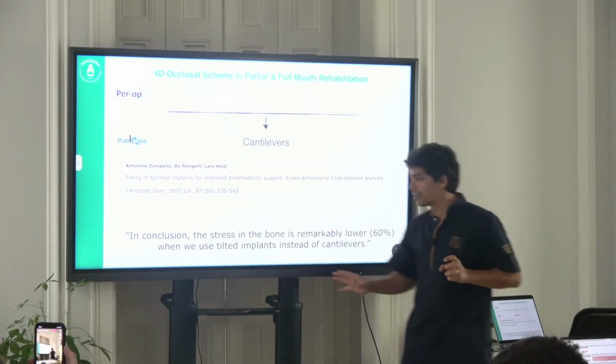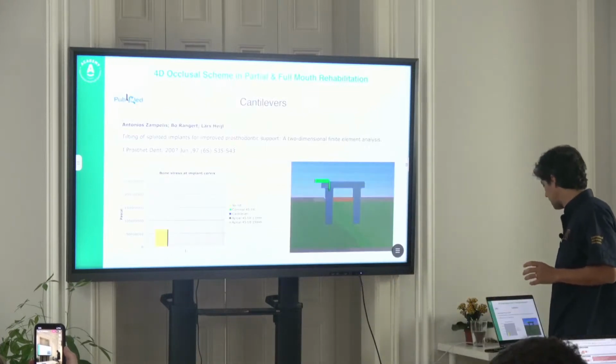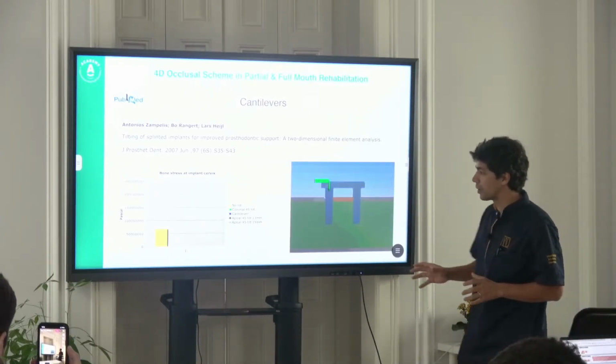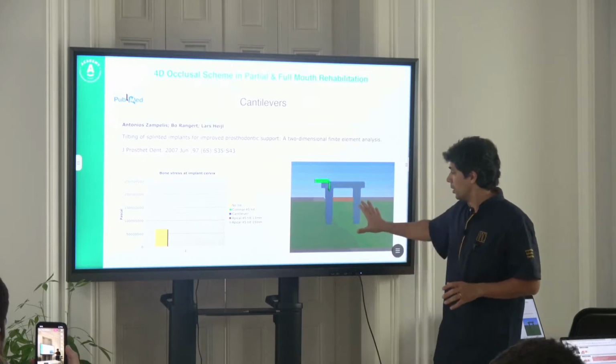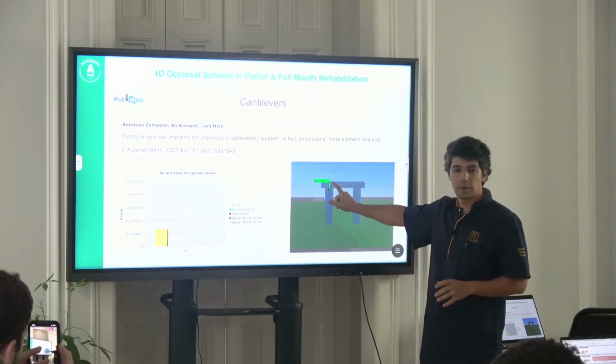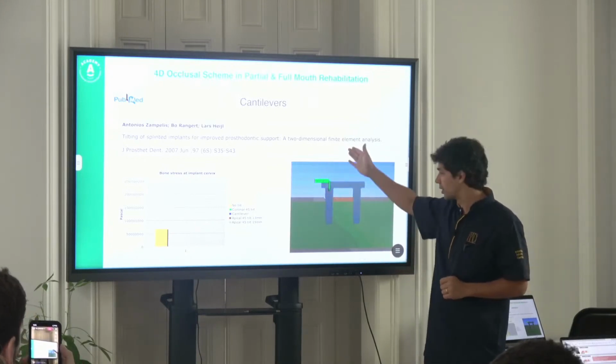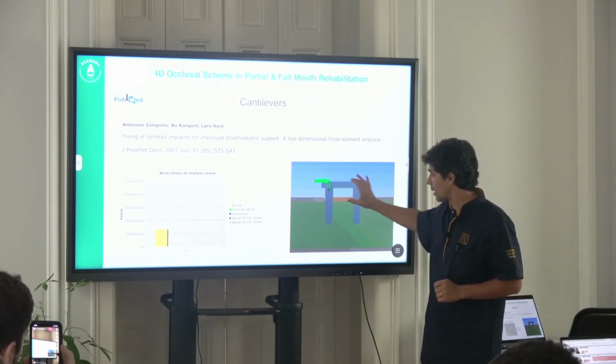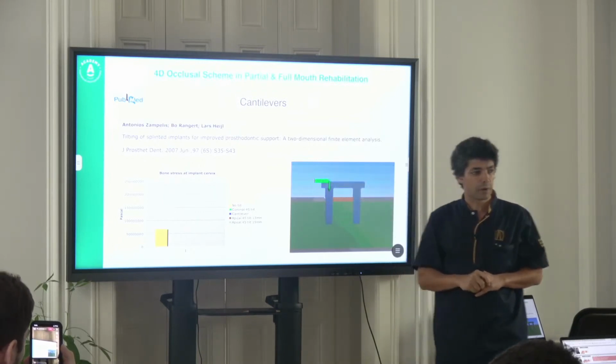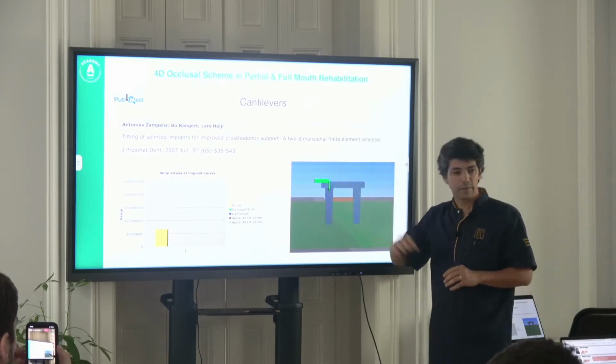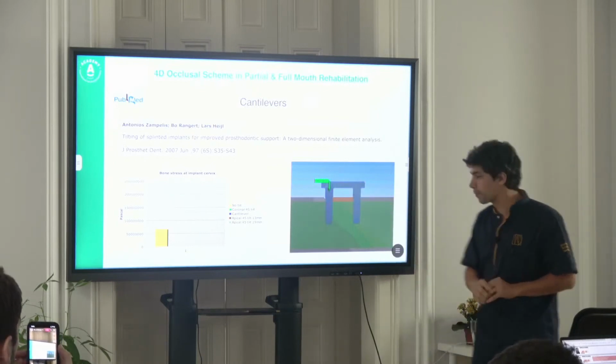But let's forget the tilted implants for a second, and let's look at this with the data. So there's a load of 50 newtons given to a framework over two vertical implants, okay?